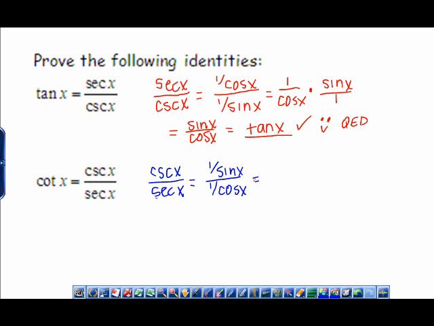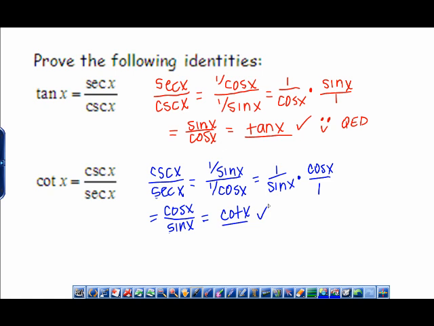Very similarly, I'm going to do this division by multiplying by the reciprocal of the denominator, except this time cosine x times 1, or just cosine x, is in the numerator. Sine x is in the denominator. This is an identity now, so we can assume this to be true. It equals cotangent of x. There we go.